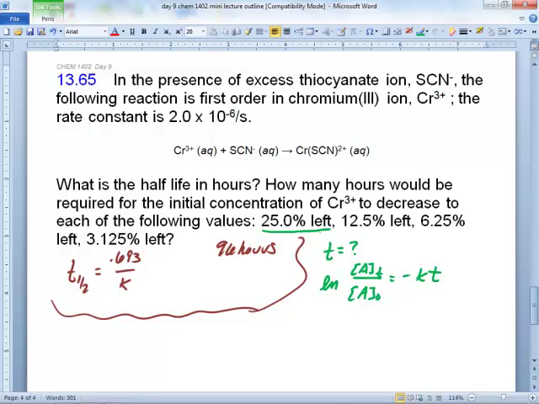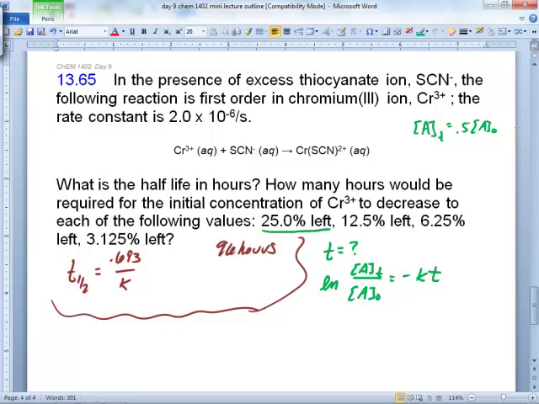Okay, think of it this way. If half of it was there, if it was 50%, you would write this, right? If it was 50%, wouldn't you write that?